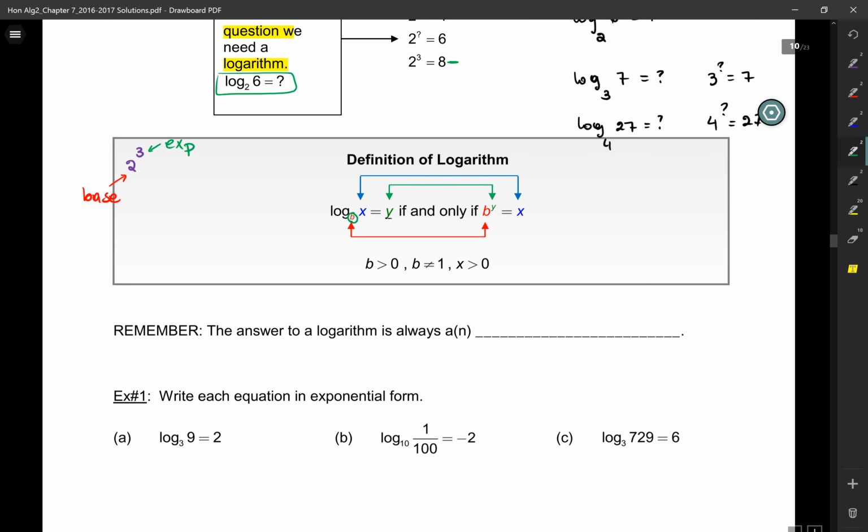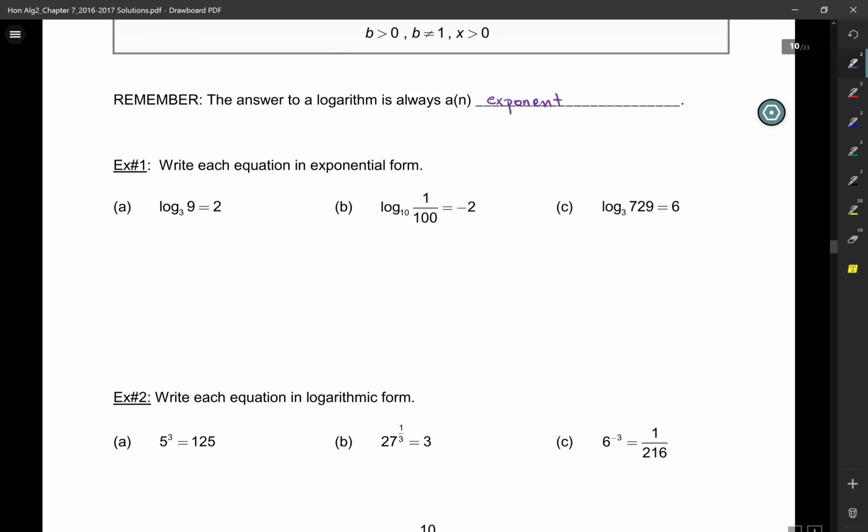So let's go here. Remember that the answer to a logarithm is always an exponent. First off, let's write each of these in exponential form. So we're given logarithmic form, and we want exponential form. Let's identify what we have here. What is the label for that number 3?